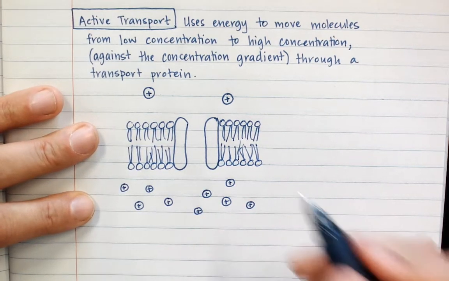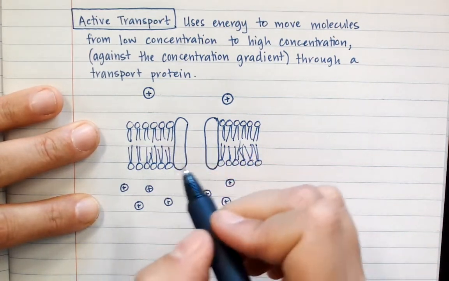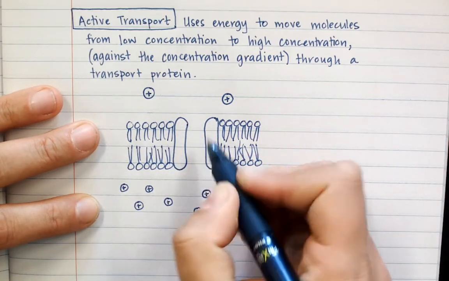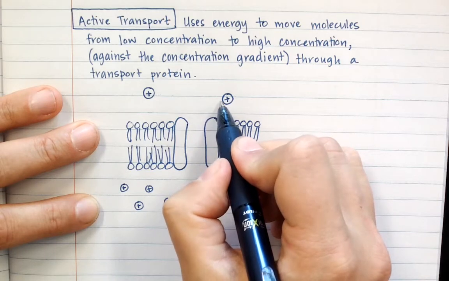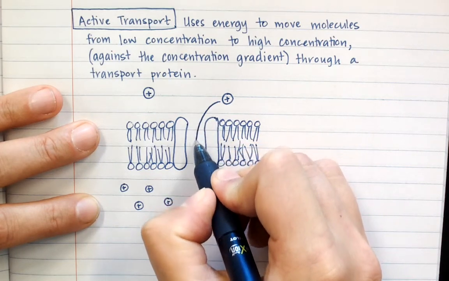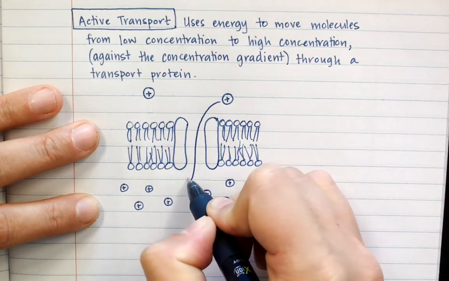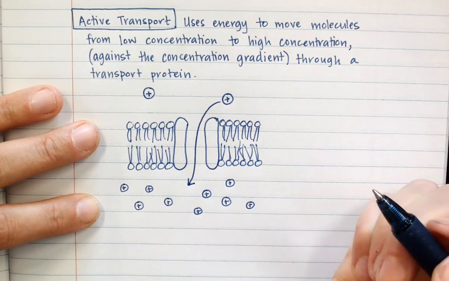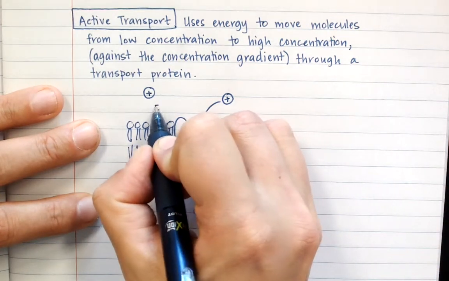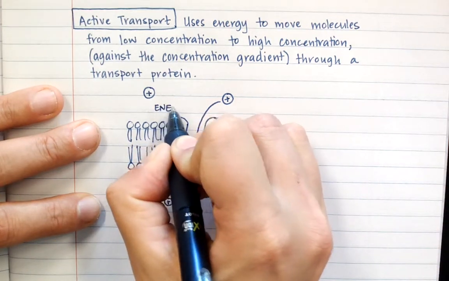So if I add energy to this transport protein, then it can take one of these protons and move it from low concentration to high concentration. But it can only do it if you add energy.